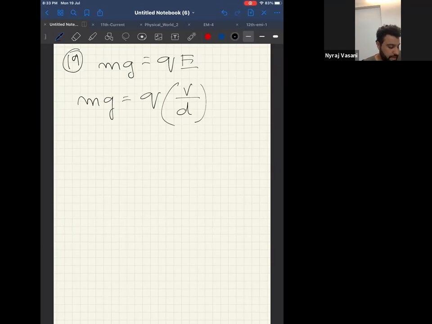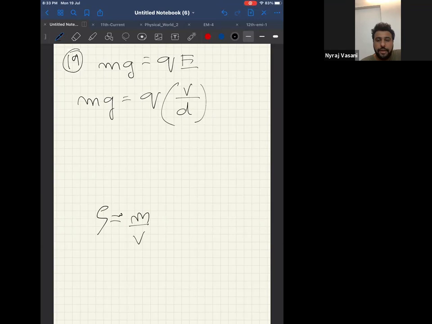They have given density also. Please look at the screen. What is the general formula for density?